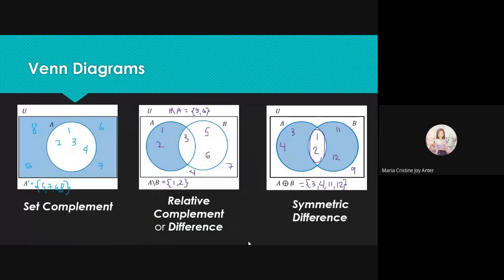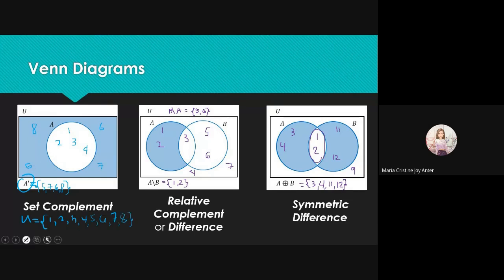Hence, we also have another set of examples. We have what they call the set complement. A set complement is when we have a certain given set, but what we list is all the elements in the universal set that are not in that given set. For example, our universal set here contains 1, 2, 3, 4, 5, 6, 7, and 8.